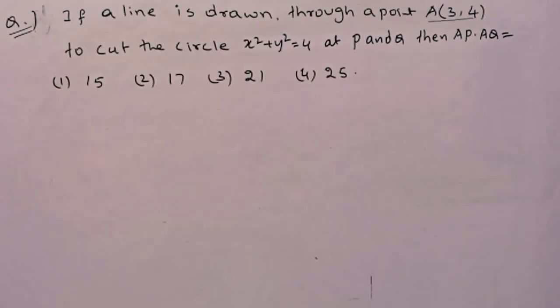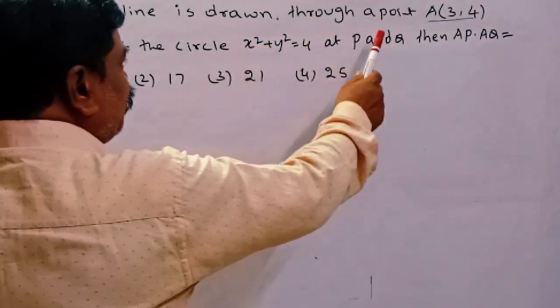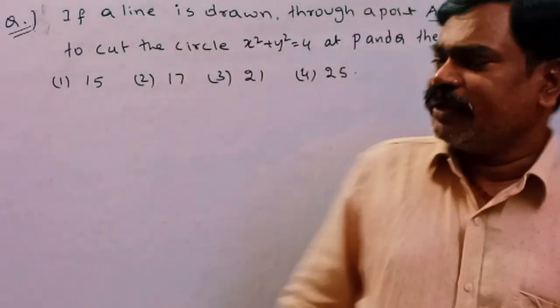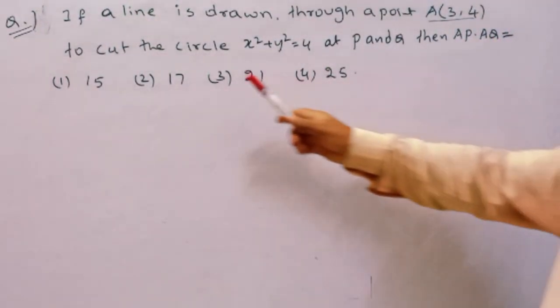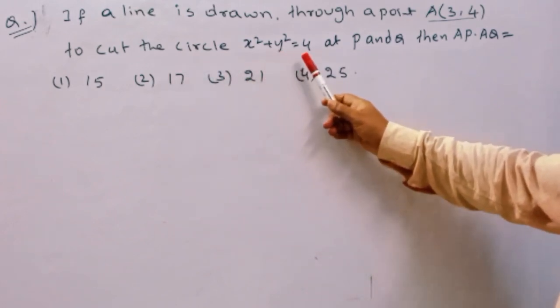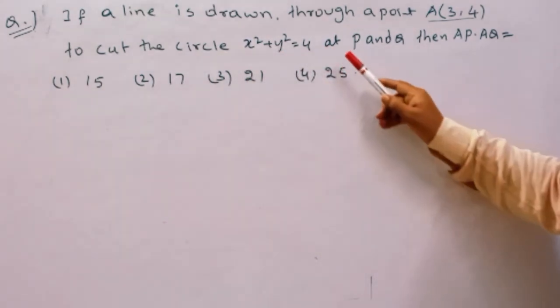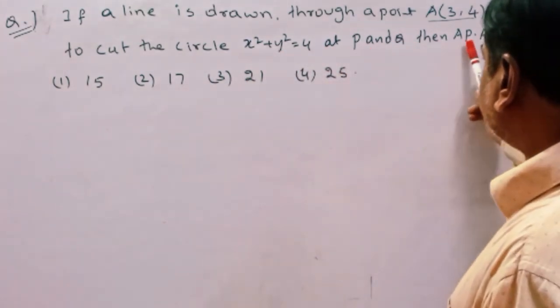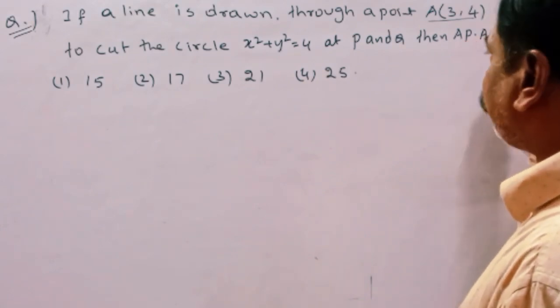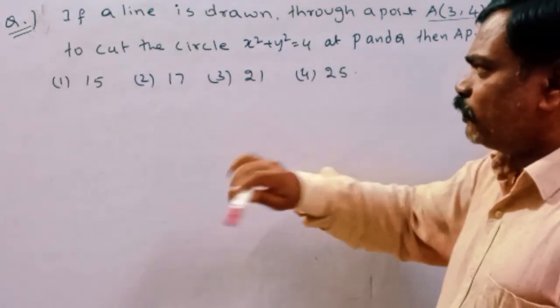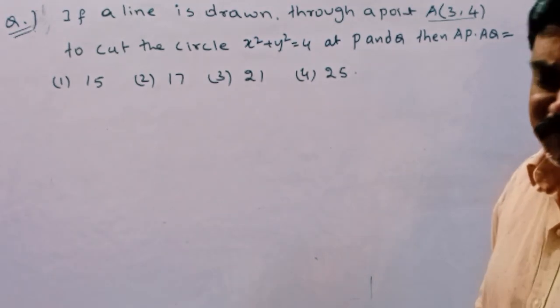Here is one more problem from circles. If a line is drawn through a point A (3, 4) to cut the circle x square plus y square is equal to 4 at P and Q, then AP into AQ is equal to? So these are the given options.